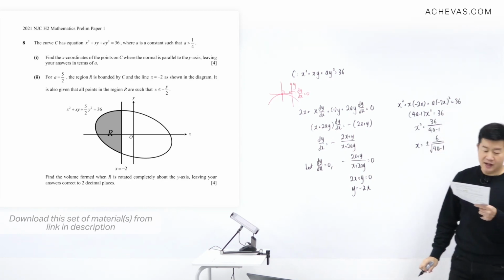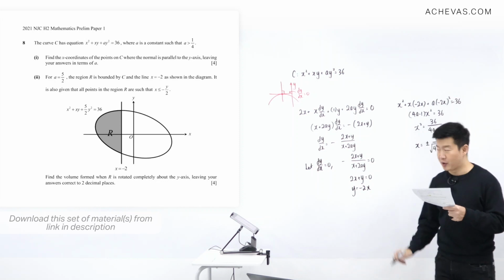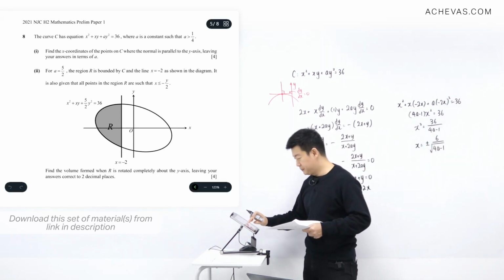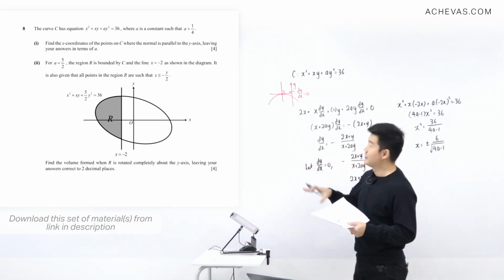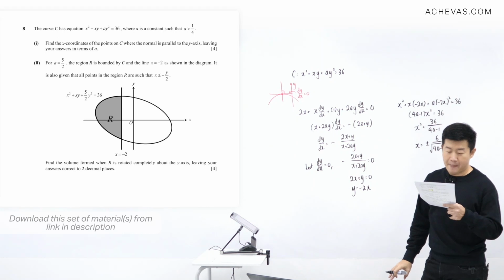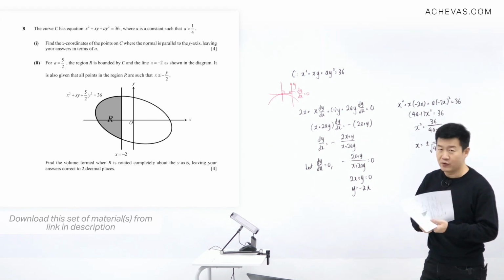Okay, this is done. For part 2, we have a very strange graph over here, and this graph is actually based on curve C. For this graph, a is equal to 5 over 2.